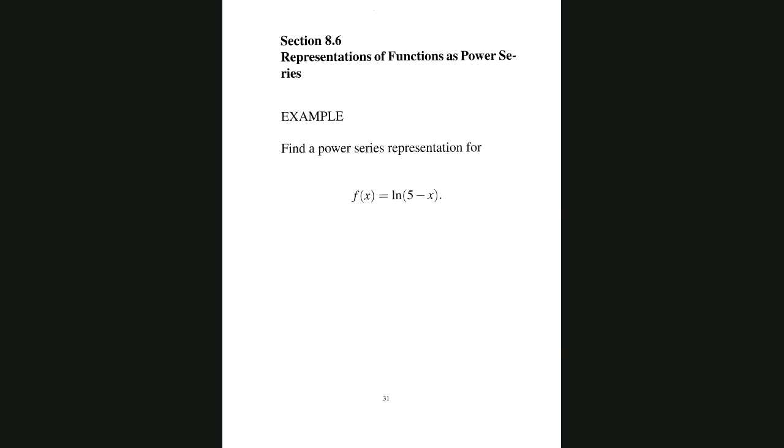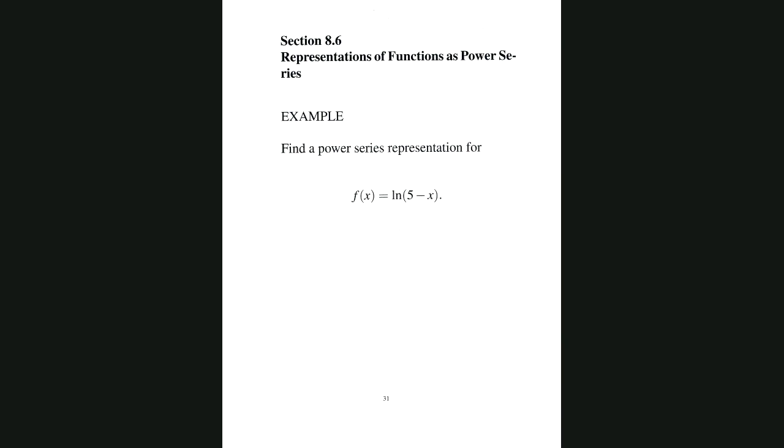We can't have the log of a negative number. So that means 5 minus x would have to be positive. That's right, John, 5 minus x can't be less than 0.